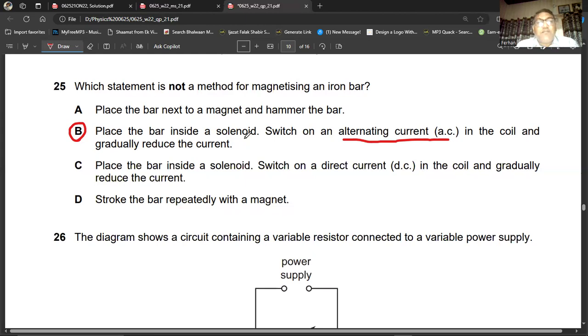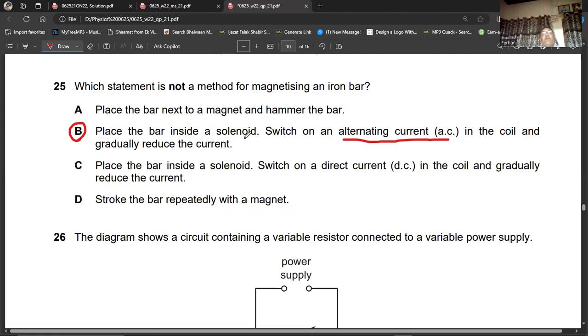Option C is place the bar inside a solenoid, switch on a direct current in the coil and gradually reduce the current. You don't have to reduce the current, but when you use DC current, it magnetizes the bar. This method is used to magnetize. We are looking for the method which is not used for magnetizing an iron bar.